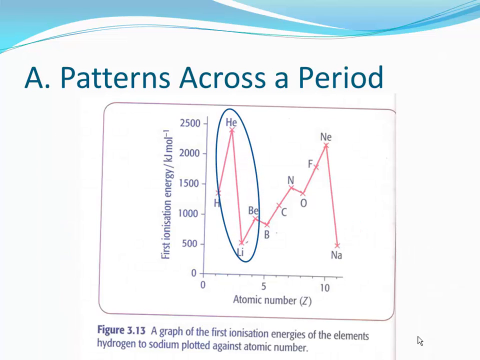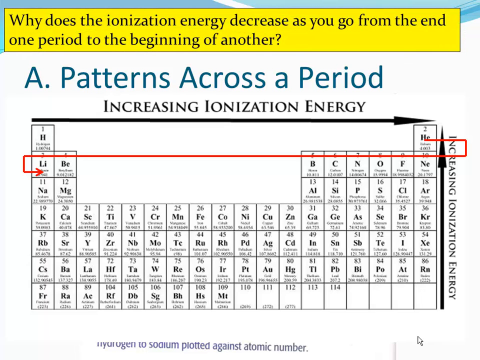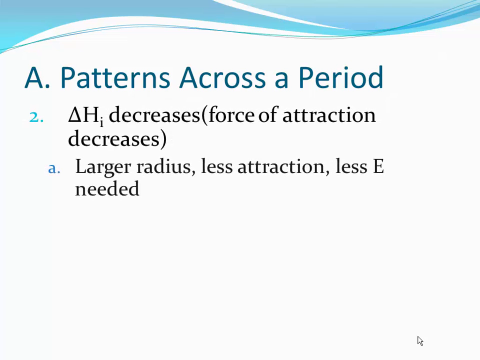Alright, what about the dip that goes way down after helium and lithium, or neon and sodium? Helium to lithium is a huge drop in ionization energy, and this deals with a couple of things. Why does the energy decrease as you go from the end of one period to the beginning of another? The larger radius, you're going to another quantum level.